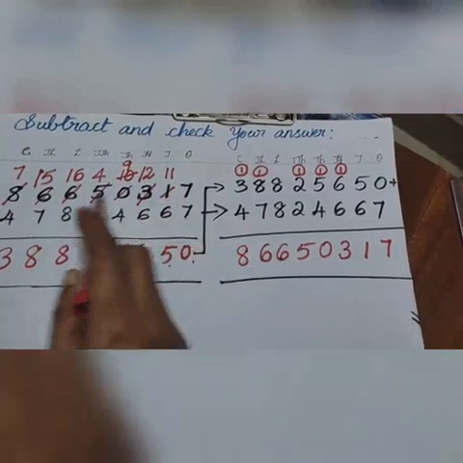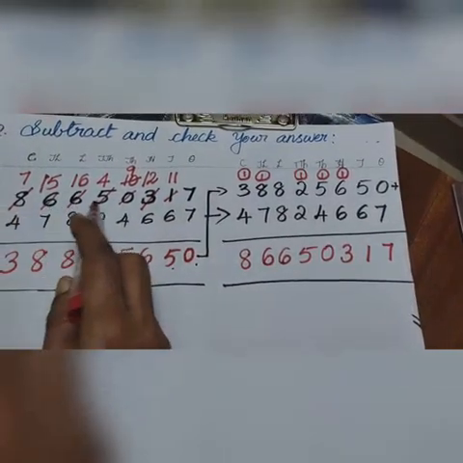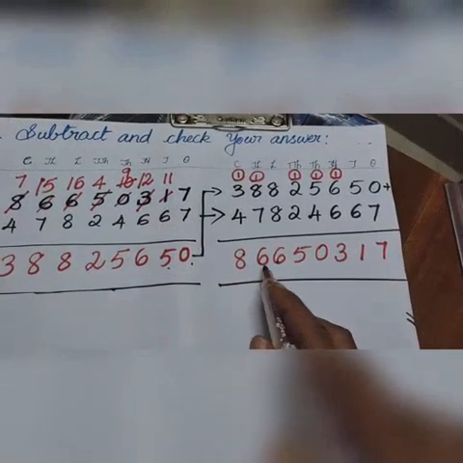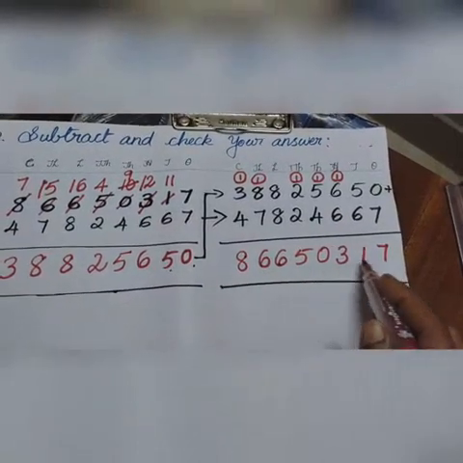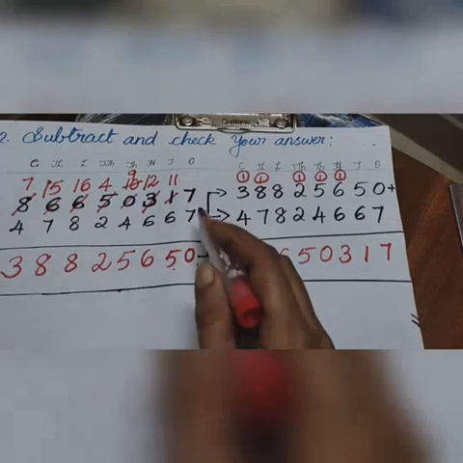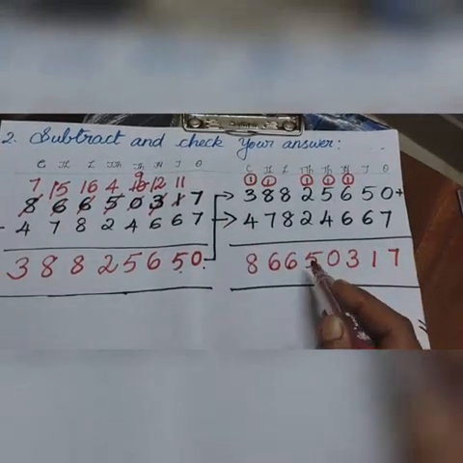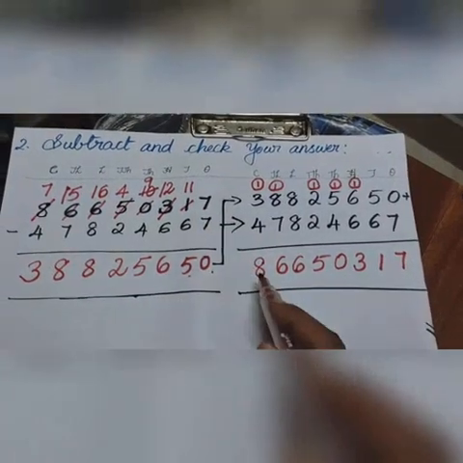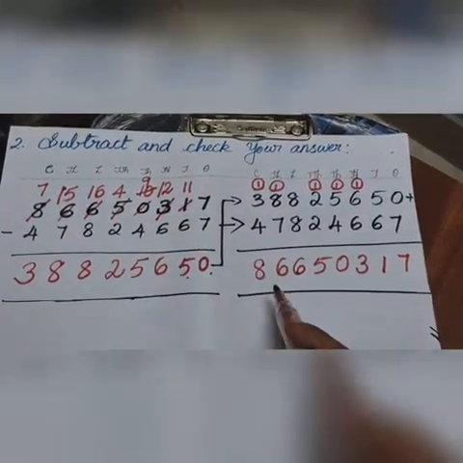See, that's our minuend, 86,650,317. Okay, children, the sum is equal to the minuend. So our subtraction is correct.